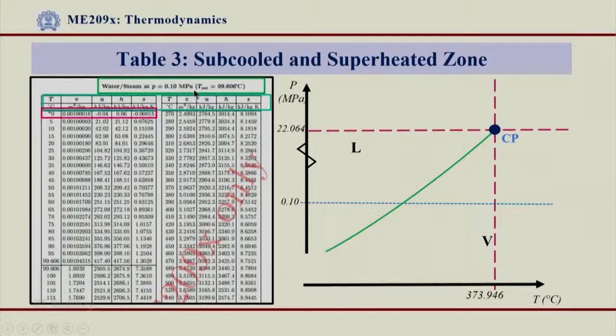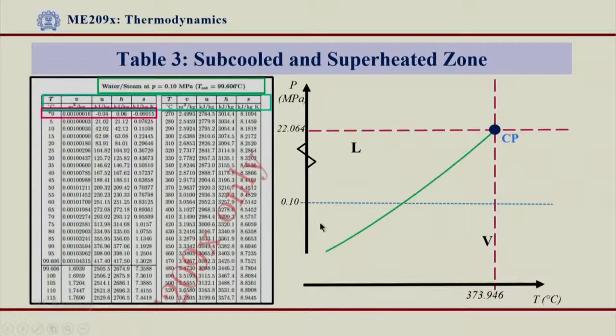This 0.1 MPa is close to atmospheric pressure, 1 bar, and corresponding to that we have Tsat equal to 99.606 degree centigrade, which is very close to the boiling point of water, 100 degrees centigrade. That would come at 0.1016 MPa, which is the correct atmospheric pressure. So, this is our reference system which lies on this table.